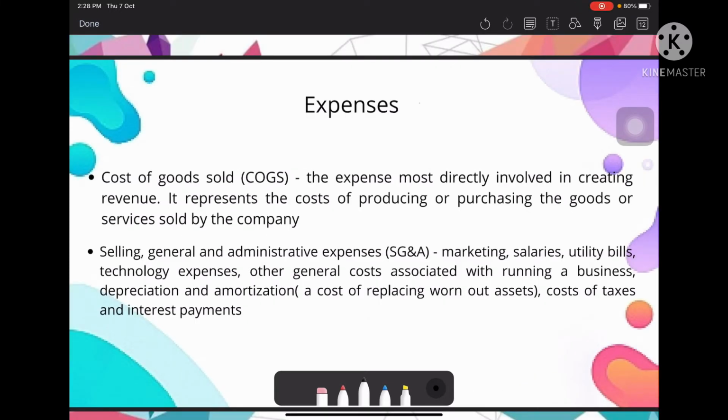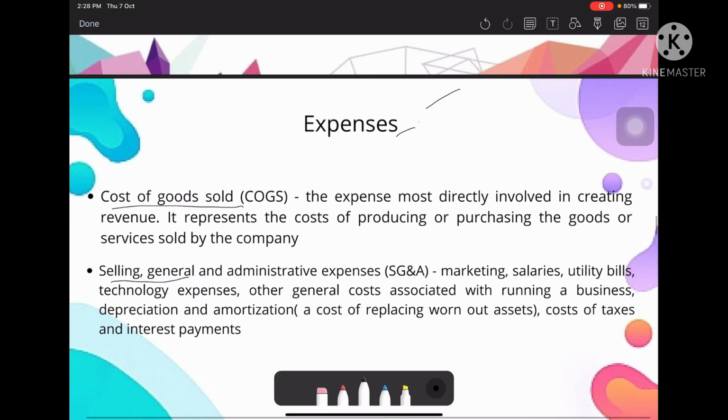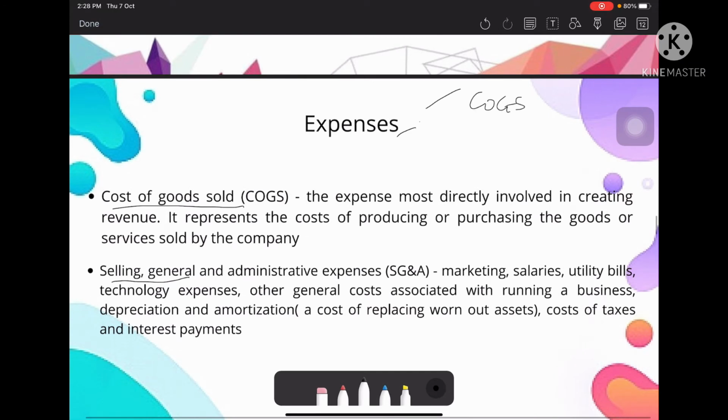Next is expenses. Expenses basically can be categorized into two. Number one is the COGS, which is the cost of sales, and then number two is other expenses.